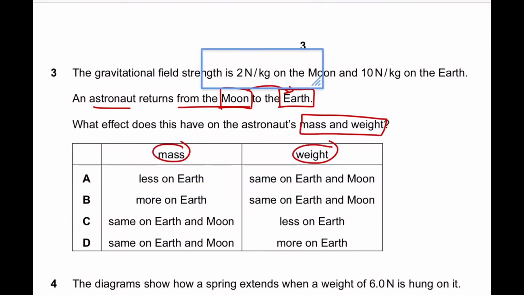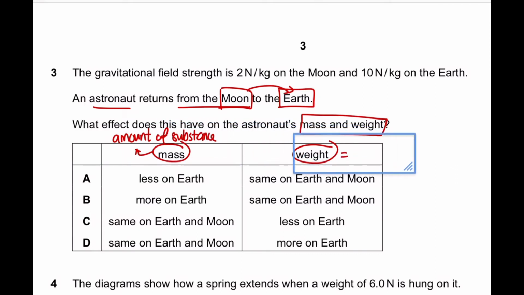So before we get into anything, let's define what is mass. Mass is the amount of substance in a body or an object, whereas weight, we can depict it with this formula, which is weight is equal to mass times gravity. So gravity here is a factor in weight.